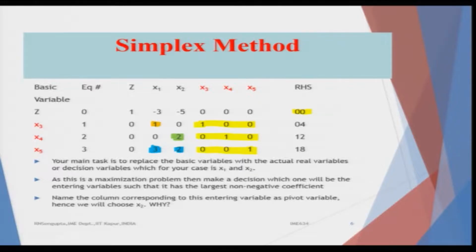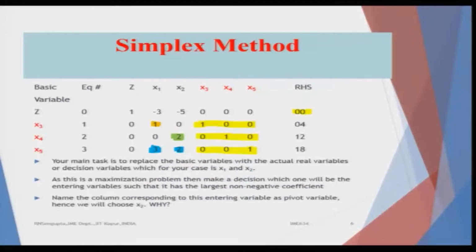If you consider the largest non-negative coefficient, in the sense that one additional unit of x1 or one additional unit of x2 being produced will increase the objective function by 3 or 5 units. That means z will now become z, initially 0, plus 3 or 0 plus 5, depending on 1 unit of x1 or x2 coming into the picture.